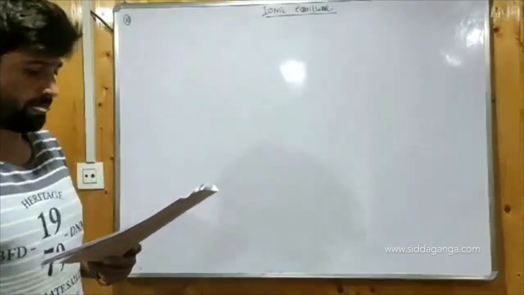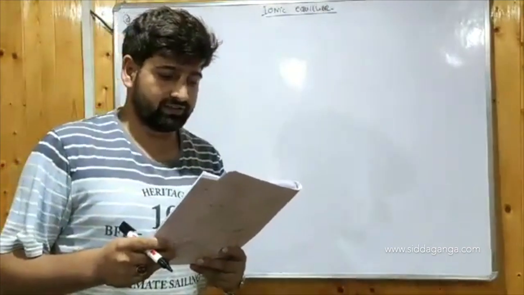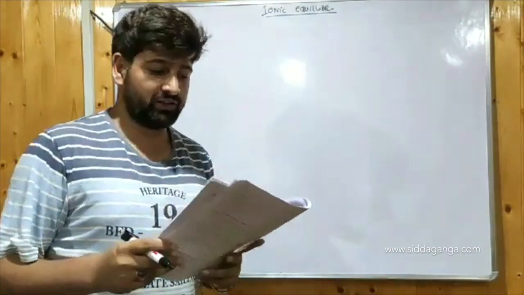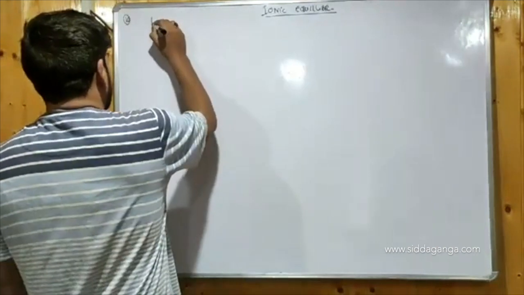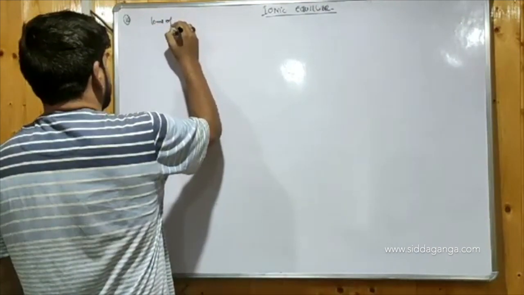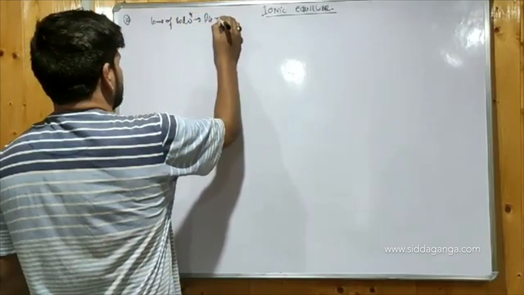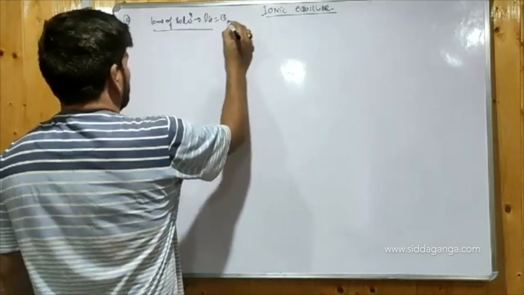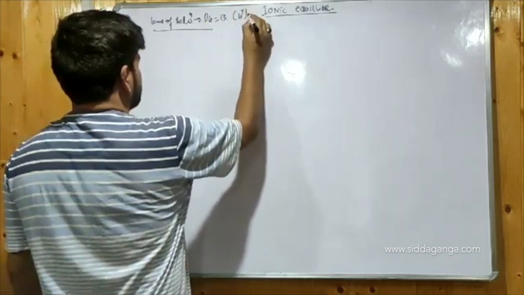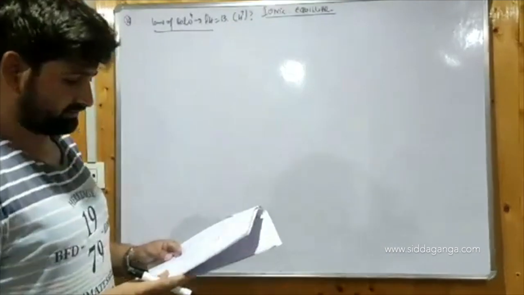Right, our question is the number of hydrogen ions in 10 ml of solution with pH 13. So in 10 ml of solution whose pH is 13, what is the number of H plus ions? That's a question.